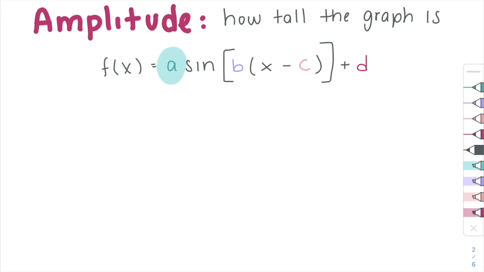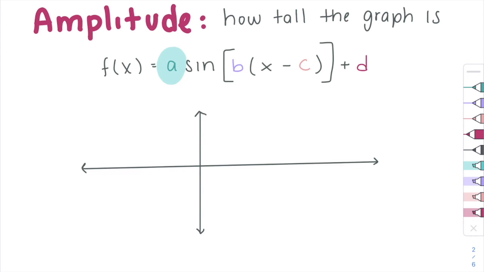If we're looking at an actual picture to get an understanding of what amplitude is, if we bring up the sine graph, which we know starts at the origin and just oscillates back and forth like this, the amplitude is how high each piece of the graph is from its center.